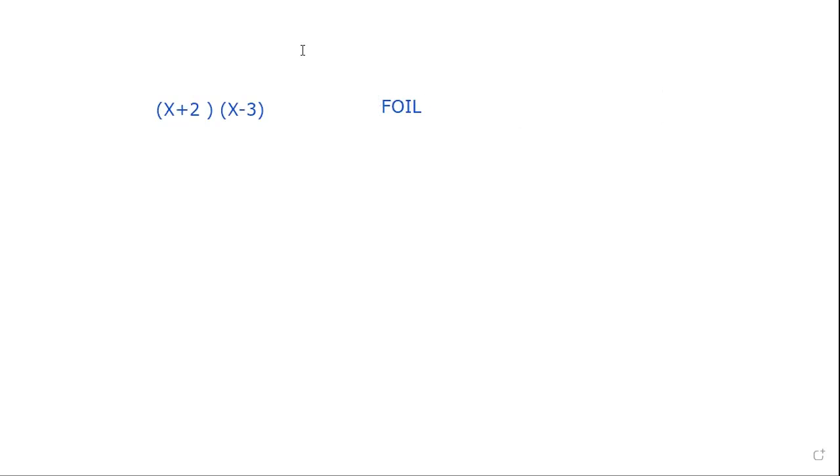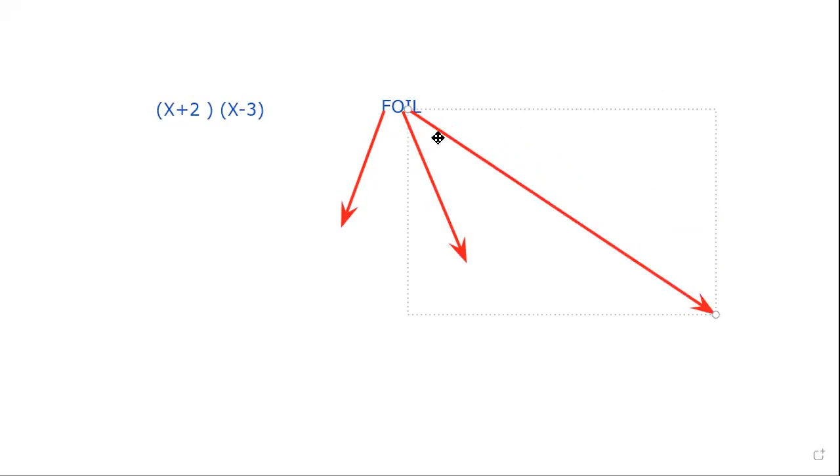And we said that the word F denotes what? And then the word O, the word I, and the word L. We will start with F. F means first.